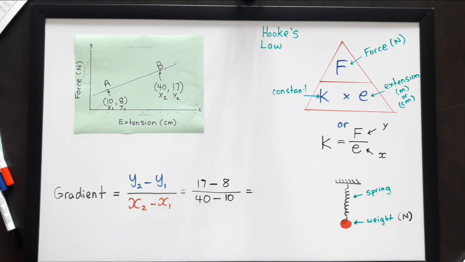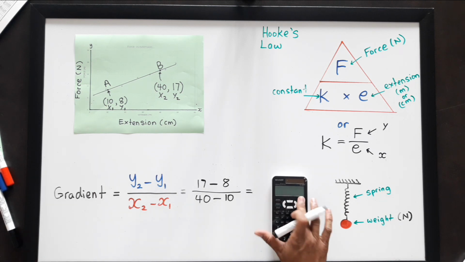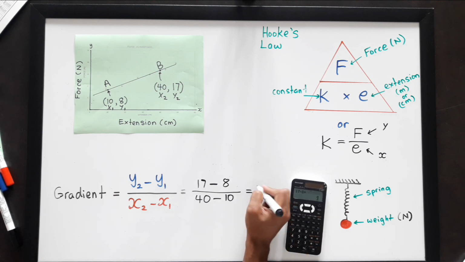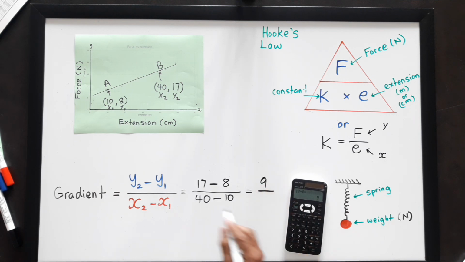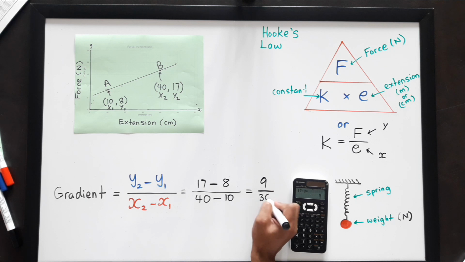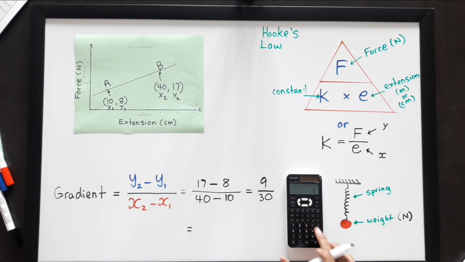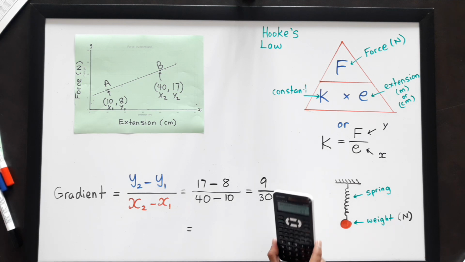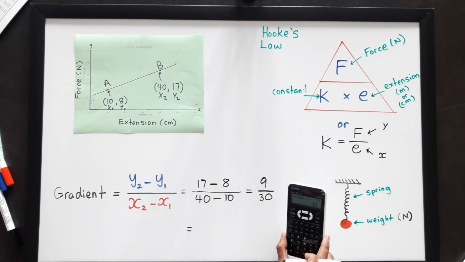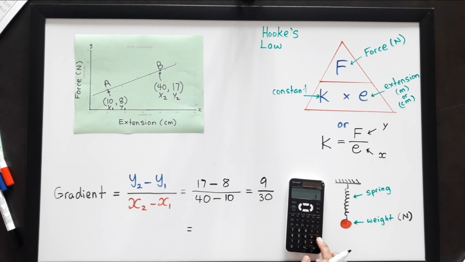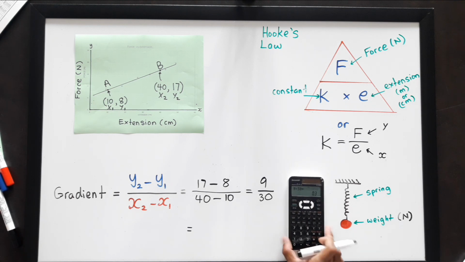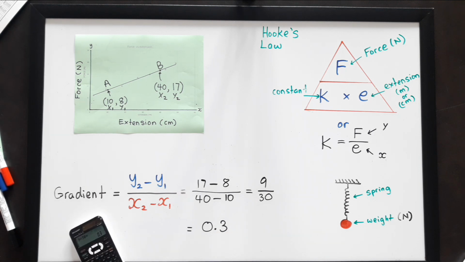I shouldn't be using a calculator for this, but 17 minus 8 is 9 and 40 minus 10 is 30. Let's just put it to 2 decimal places. 9 divided by 30 is, oh, I got a nice answer, 0.3.